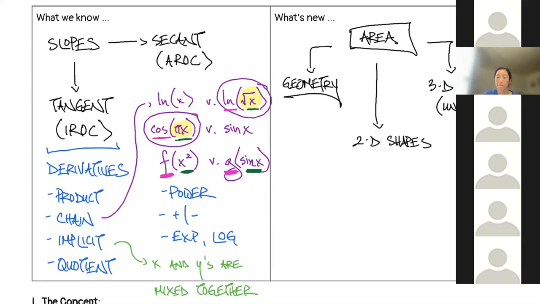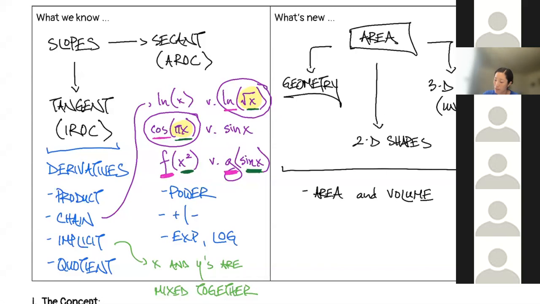Okay. So we're going to take a look at some geometry. We're going to take a look at some 2-dimensional and 3-dimensional shapes. And then for sort of all of these, we're going to learn how to find area and volume of different shapes. Okay.